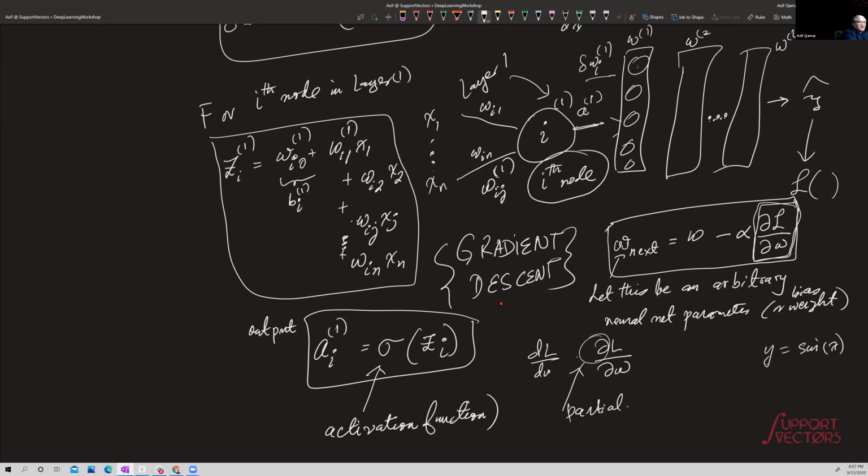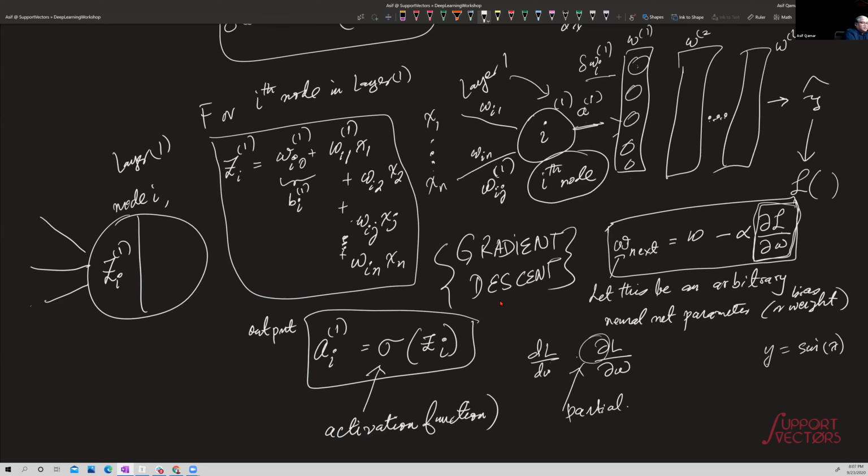So in other words, this ith node in layer 1 is made up of all of these weights coming in. Zi in layer 1, and this is the activation of Zi in layer 1, and that becomes the output.